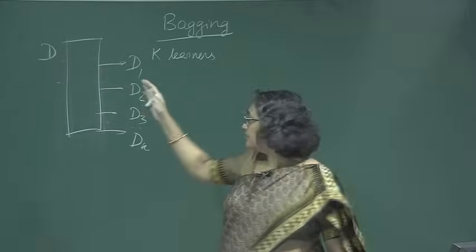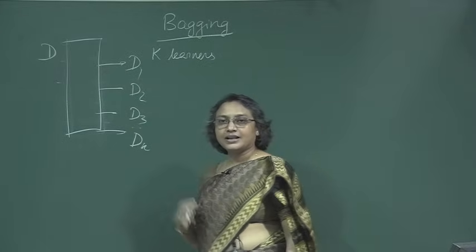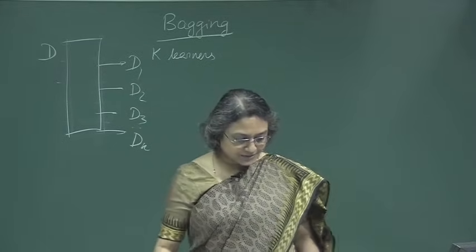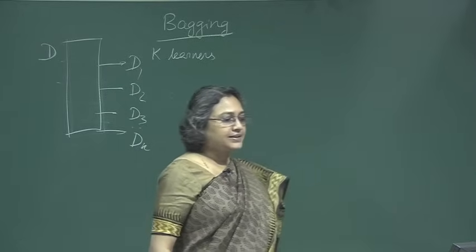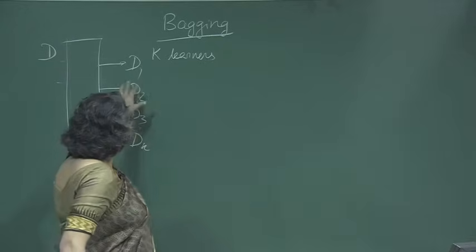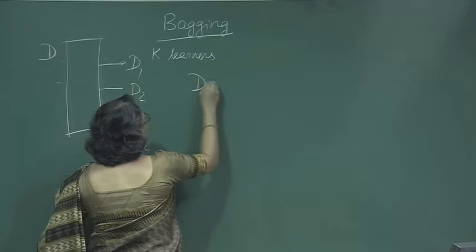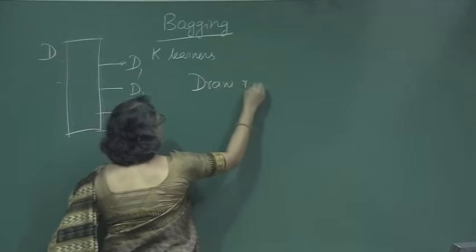They may have some instances in common, but they will also have different values. To get Di, we draw random samples with replacement.